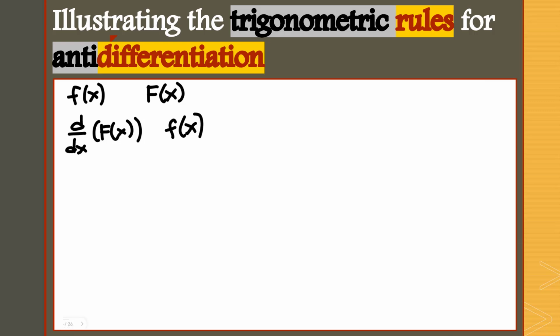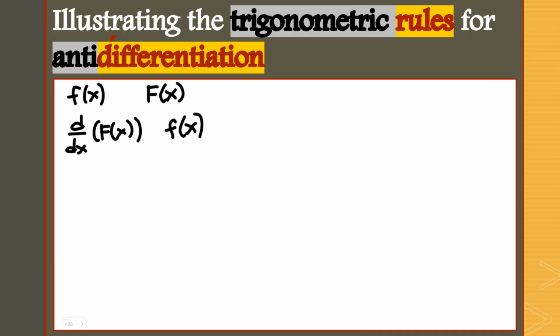If it does, then definitely our function capital F is the antiderivative of our small letter f function of x. Now again, as mentioned, there are 6 of them, and these 6 are connected to the rules on differentiation for the 6 trigonometric ratios.